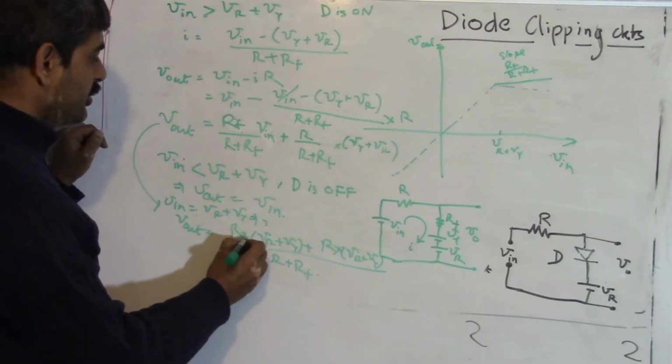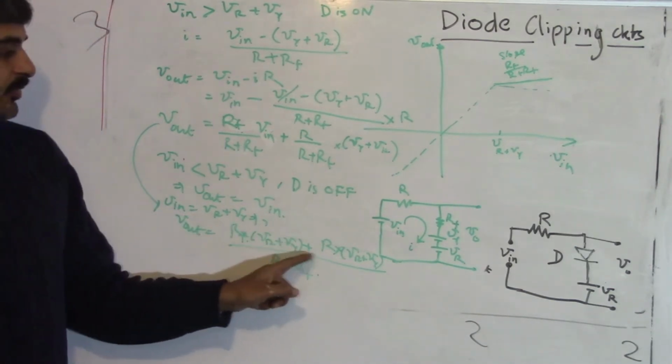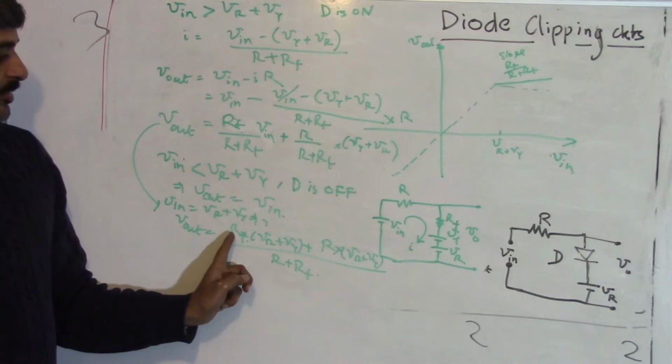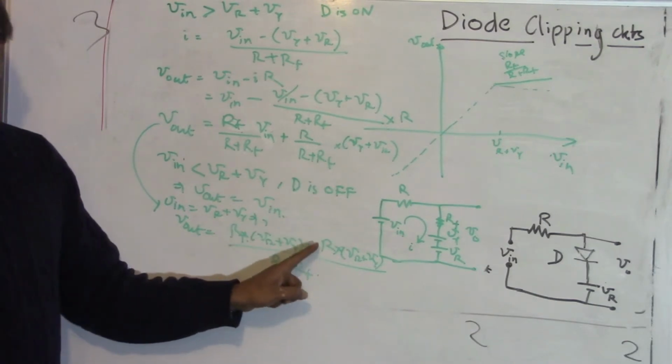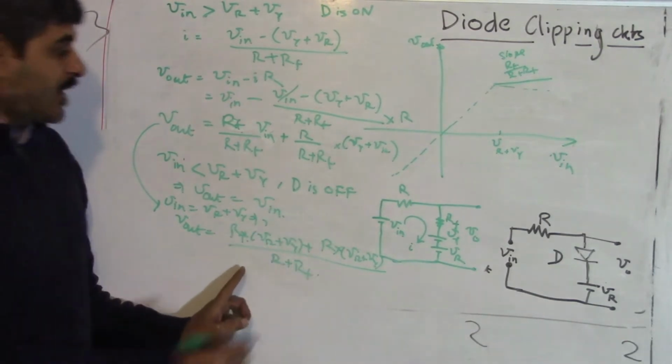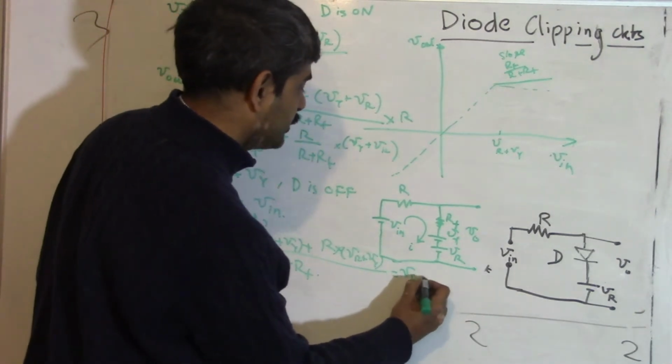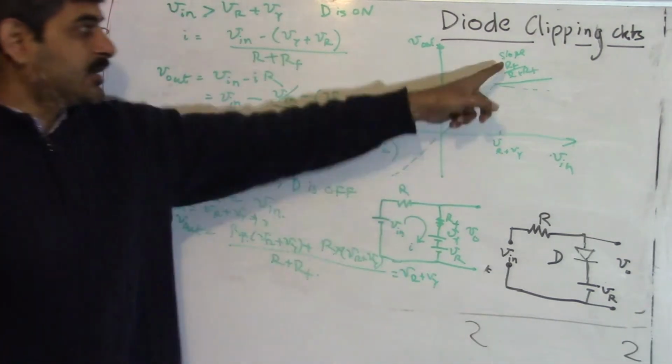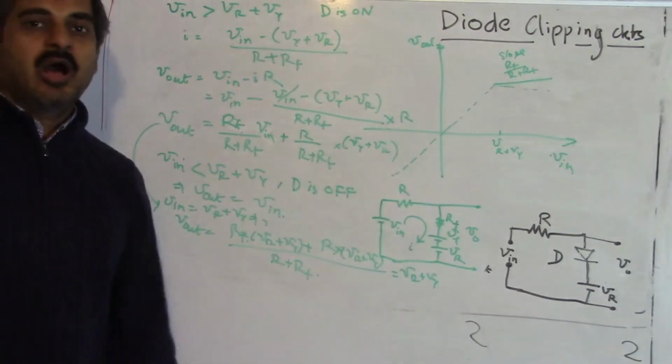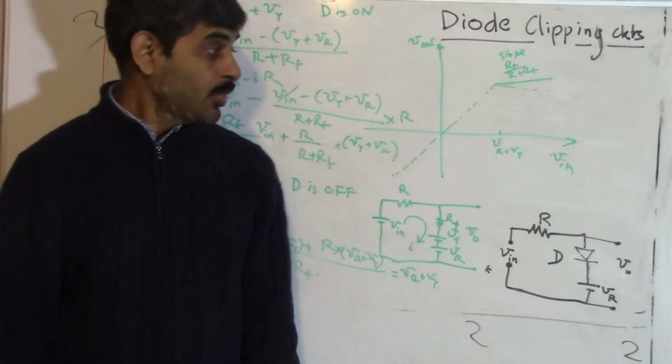We have RF here. Now if you take VR plus V gamma common, inside the bracket we have RF plus R, and RF plus R cancels with RF plus R, so we get VR plus V gamma, which shows that our equation is correct, just to make sure our calculations are not wrong.